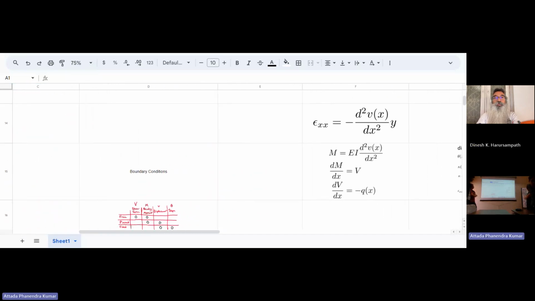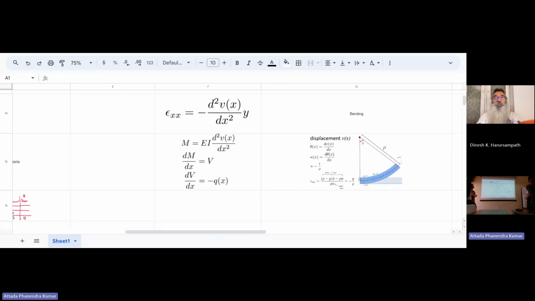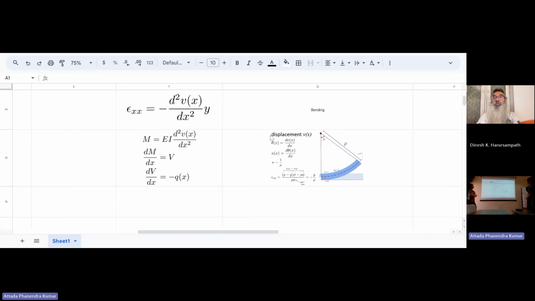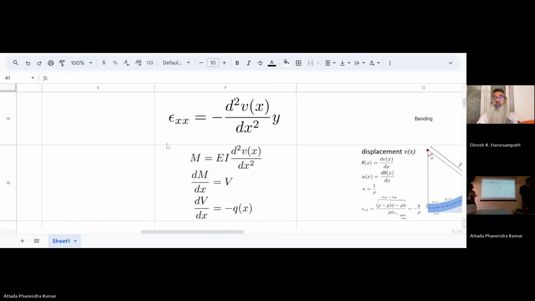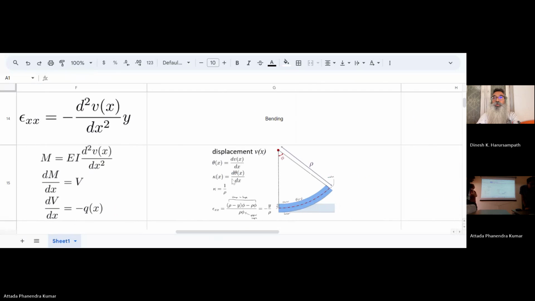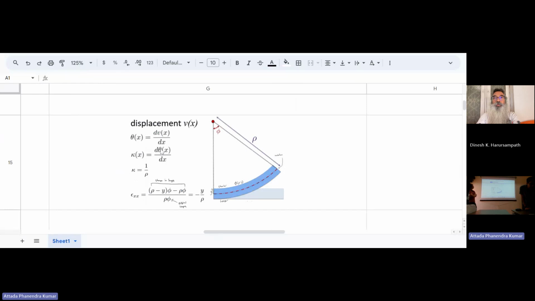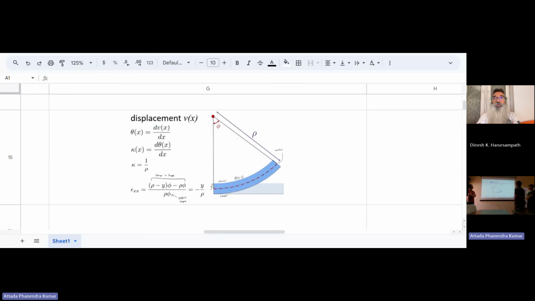Continuing on, we have, as we mentioned, the equations, but we were just saying that taking the integral through each of these will lead you to the other ones. And also, this nice graphic explains how exactly bending deformation occurs, or how we derive these equations. If I zoom in a little bit more, we're defining a beam, and we're bending it, where rho is our radius of curvature.